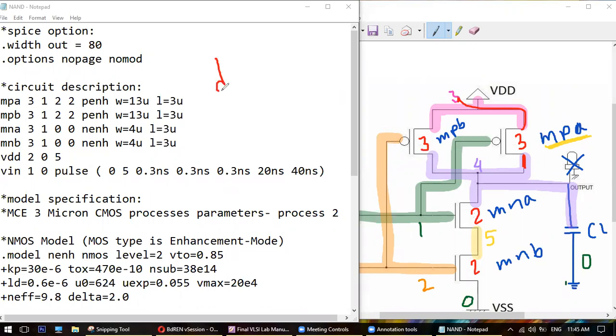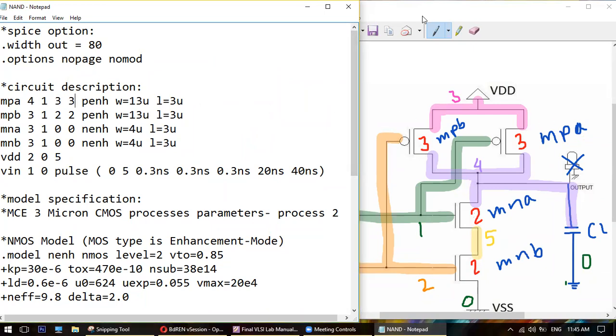Drain is 4. Gate is 1. Source is 3. Body should also be 3 because body and source are connected. So 4, 1, 3, 3. Understood? Yes, sir. So let's write it here: 4, 1, 3, 3. It is PMOS.